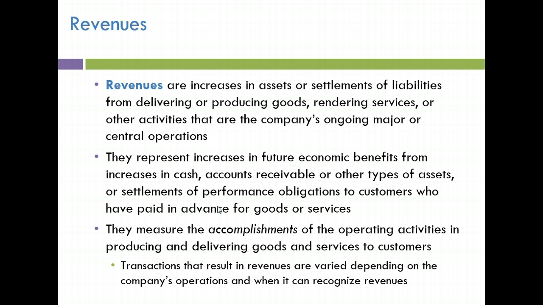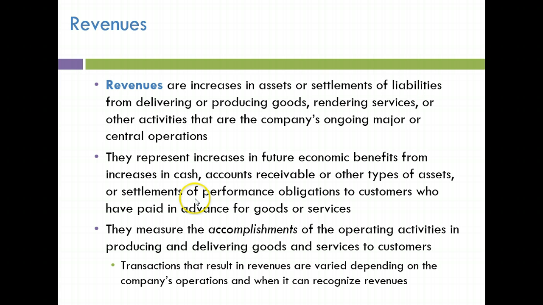Make sense? They represent increases in future economic benefits from increases in cash, increases in accounts receivable, or other types of assets, or sometimes revenues can be a reduction in liabilities. So there are times that instead of increasing an asset, it's possible that as a result of that transaction, a liability is forgiven or reduced.